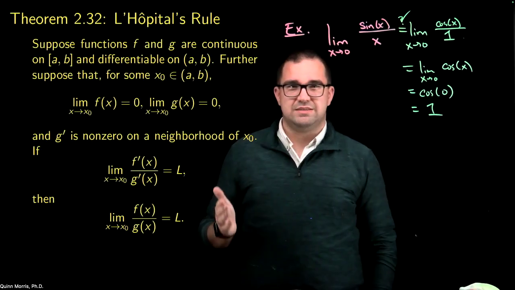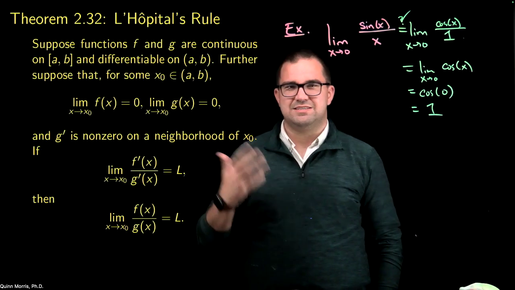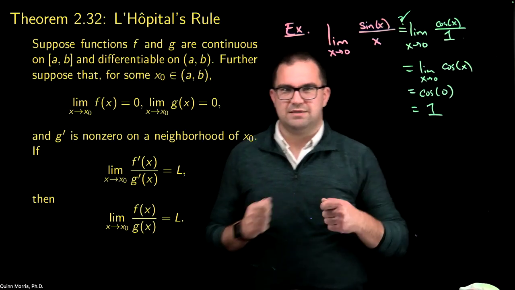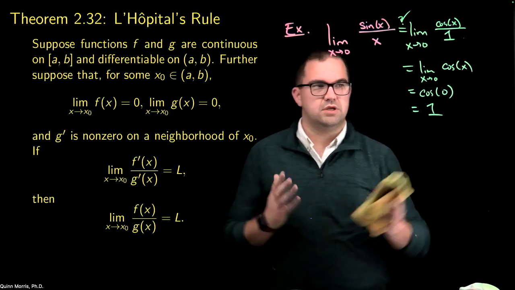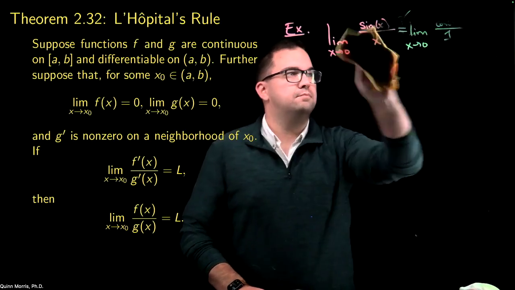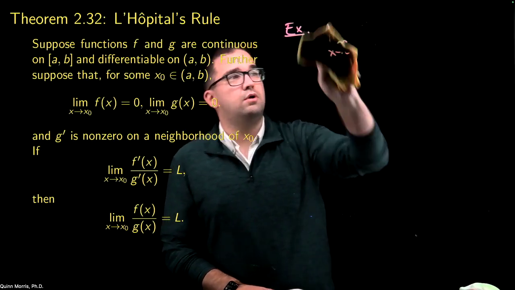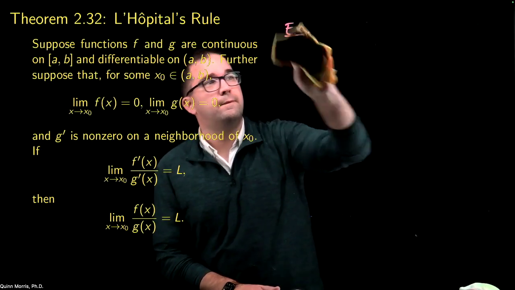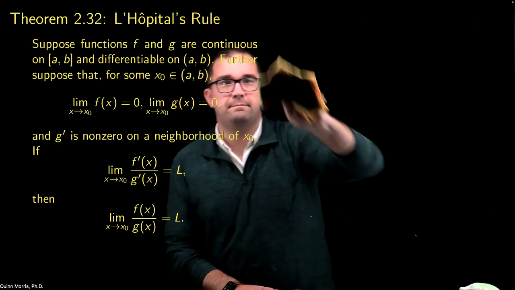But once you have this, a lot of the other cases you can extend to by making some clever substitutions. So we'll stick with this case for the time being. So what we want to do is prove this theorem.